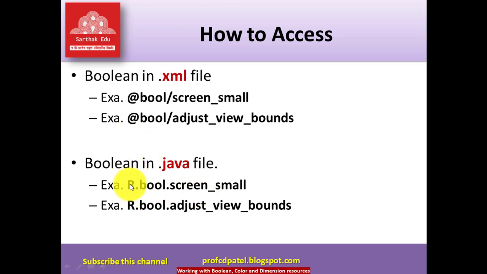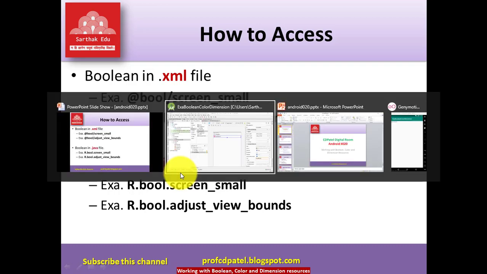So that is R, slash as dot, bool as the tag name, and screen_small as the key name. Using R.bool.screen_small, you can access the value from your XML file in the Java file.